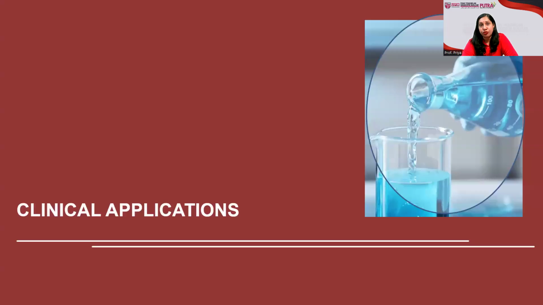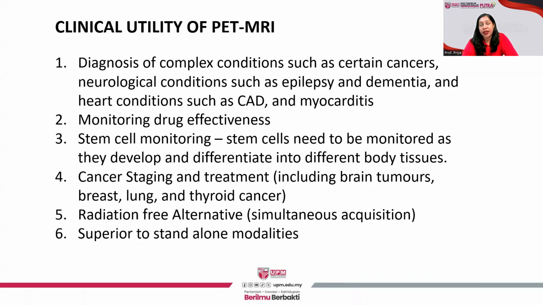Now we go on to various clinical applications for PET-MR. Clinical utility of PET-MR includes diagnosis of complex conditions such as certain cancers, neurological conditions such as epilepsy and dementia, and even heart conditions such as coronary artery disease and myocarditis. The monitoring of drug effectiveness can also be done well using PET-MR.